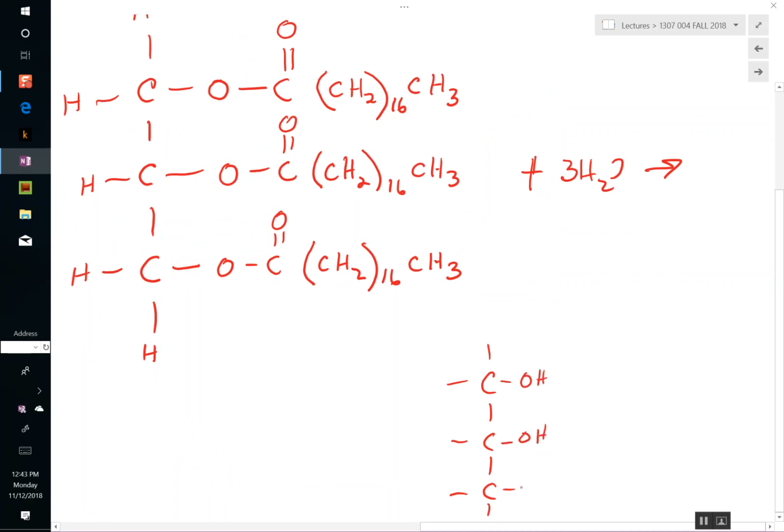This is glycerol, and on the final exam, I could say, draw glycerol. On the final exam, there will be 10 or 12 things like that: glycerol, acetic acid, formaldehyde, whatever molecules I've said you need to know the structures of. There'll be about 12 of them, and you've got to draw them.